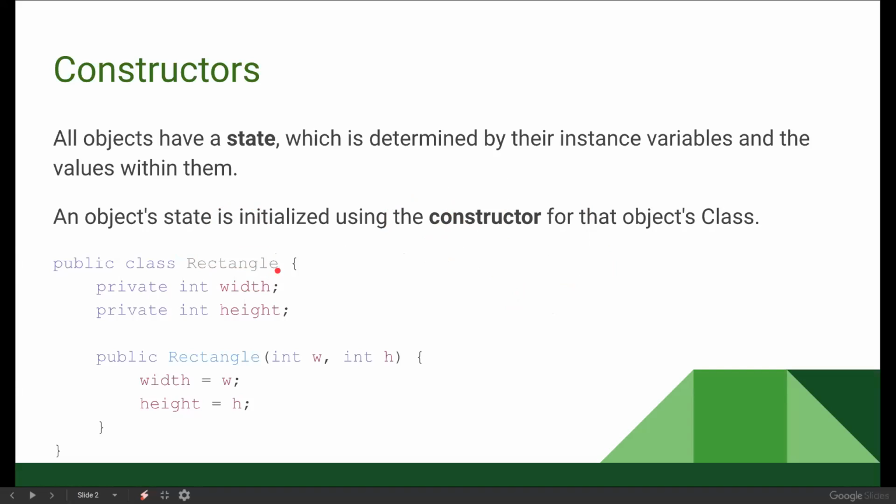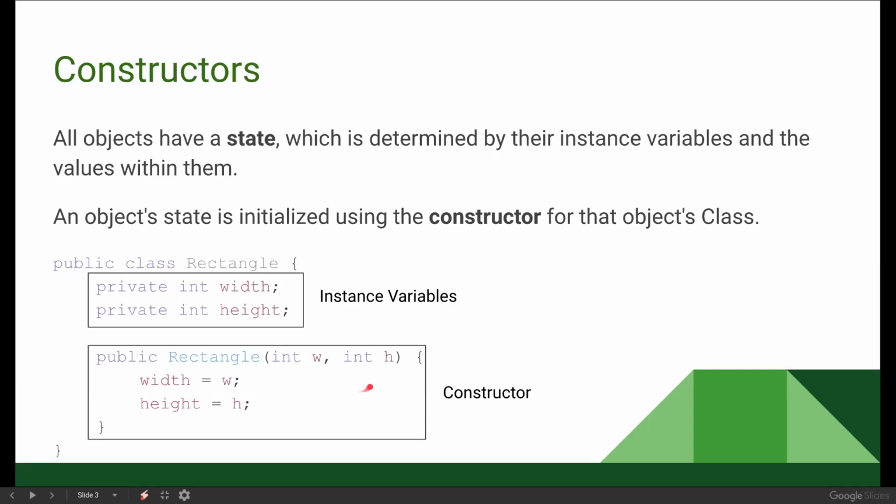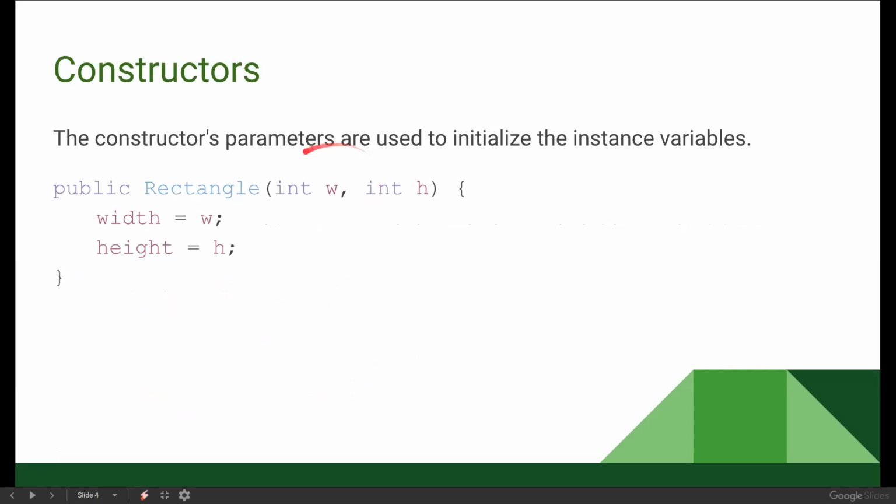So if I have a rectangle class with instance variables width and height, I can initialize my object's state by calling the rectangle constructor, which takes two parameters, and I assign those to my instance variables. The parameters for the constructor are what we use to initialize our class's instance variables.